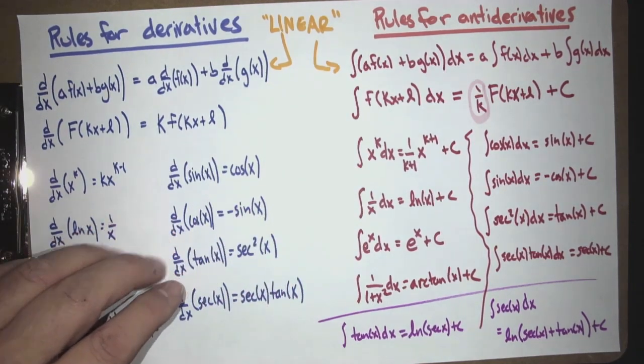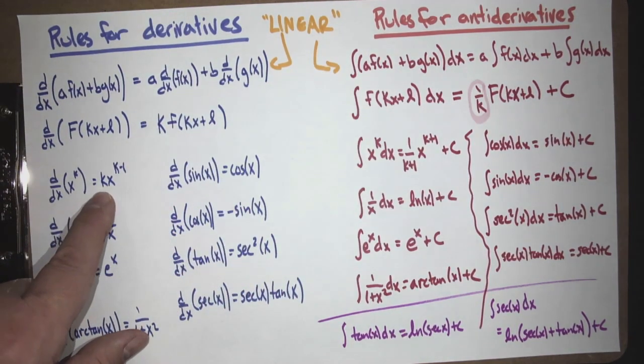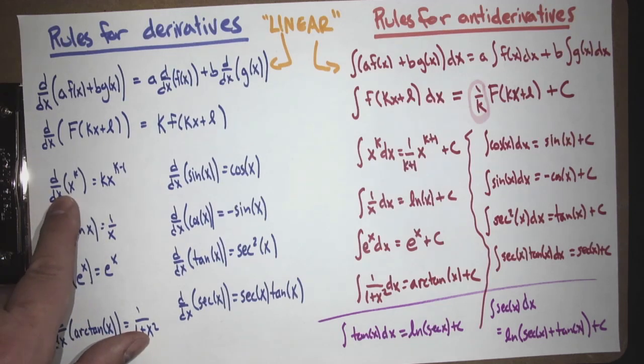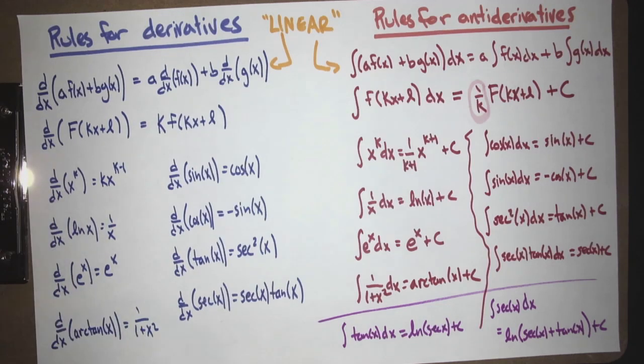Because you wrote x to the k dx. It is true that you can say the antiderivative of kx to the k minus 1 dx is x to the k. But in terms of how we think about antiderivatives, it's more convenient for us to say, I want to express it as, what's the antiderivative of x to the k? So we sort of anticipate, in practice, how do we want to think of it?